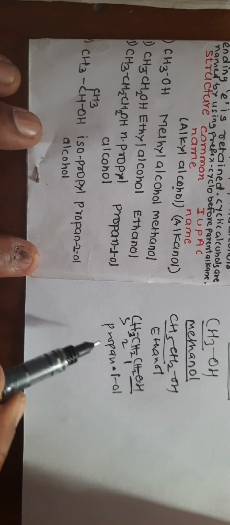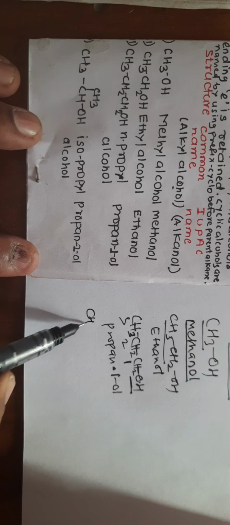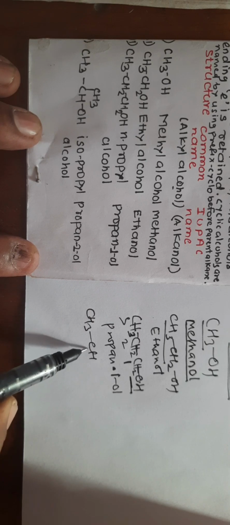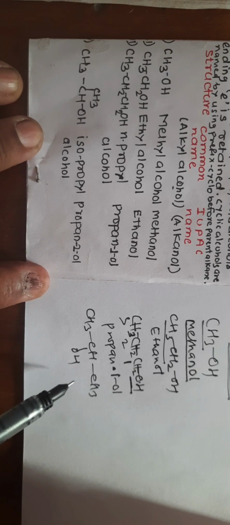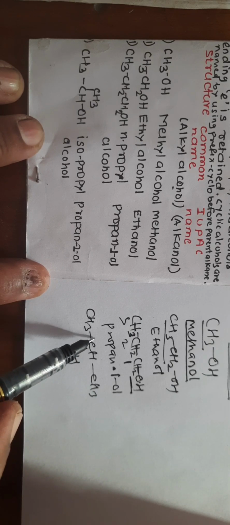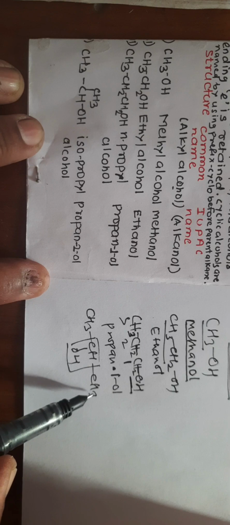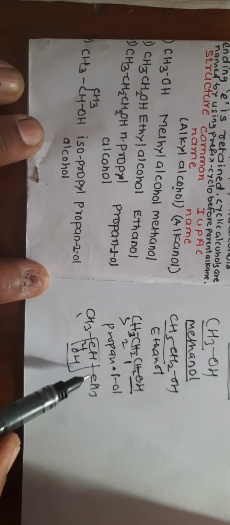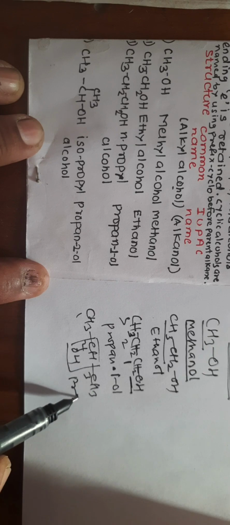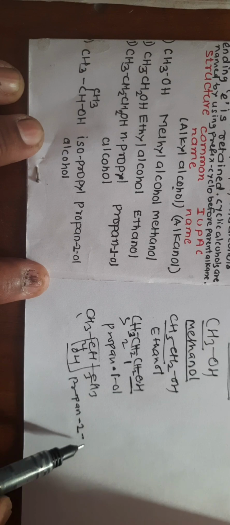Then after that, suppose the alcohol is like this: CH3, CH, CH3, with OH here. The common name of this alcohol is isopropyl alcohol. According to the carbinol system, it is dimethyl carbinol. And according to the IUPAC system, 1, 2, 3, the parent alkane is propane, but the OH group is attached to the second carbon atom.